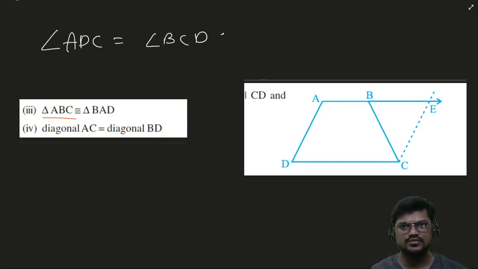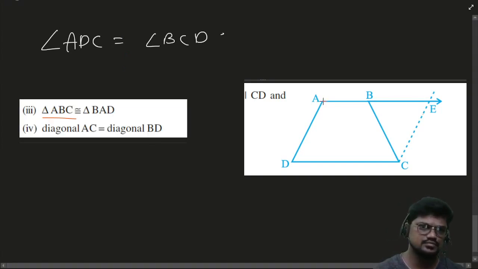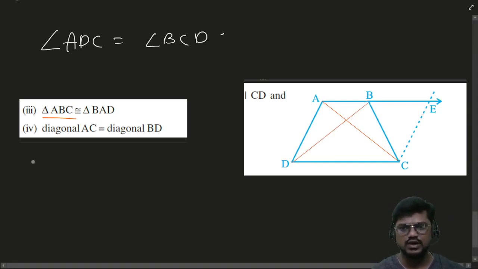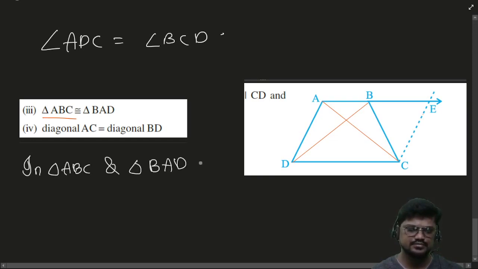So for that I will have to draw a diagonal. How are these two triangles congruent? So I can say in triangle ABC and triangle BAD, what all things you have? Angle ABC is equal to angle BAD.